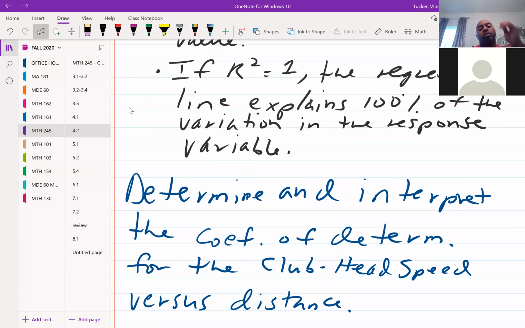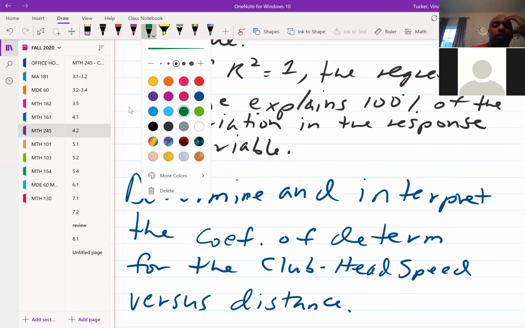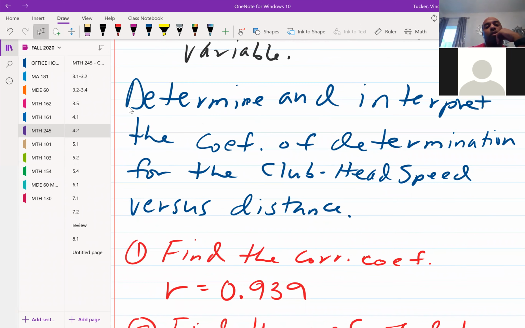All right, so determine and interpret the coefficient of determination for the club head speed versus the distance. Our first step is to find the correlation coefficient.